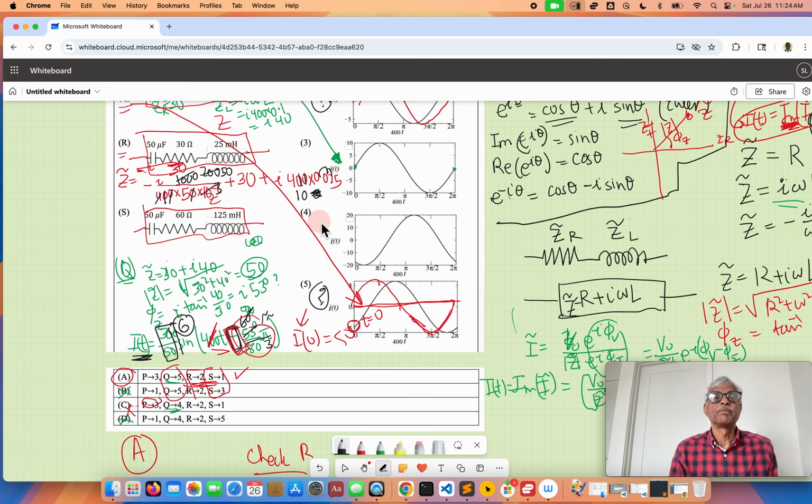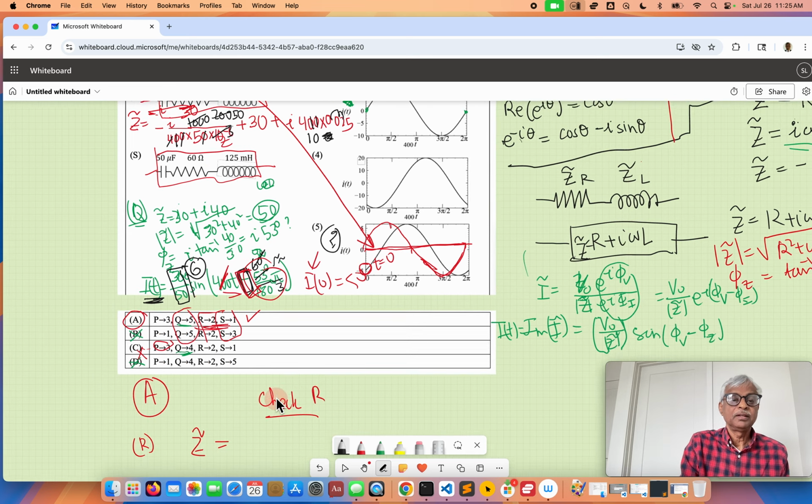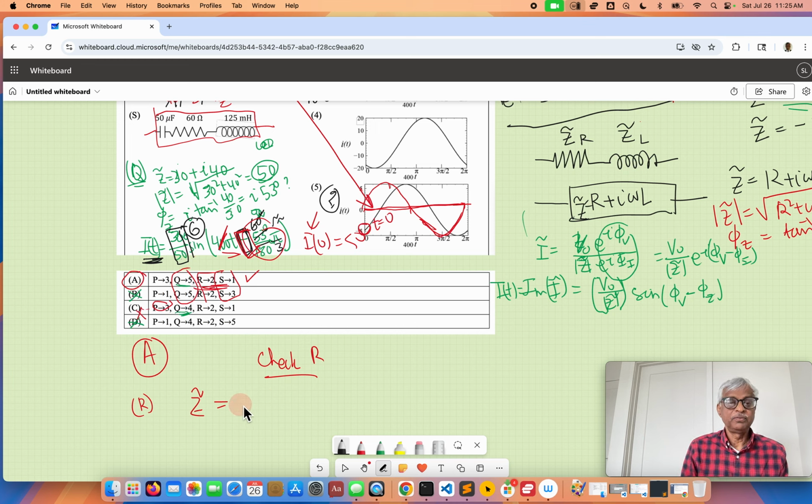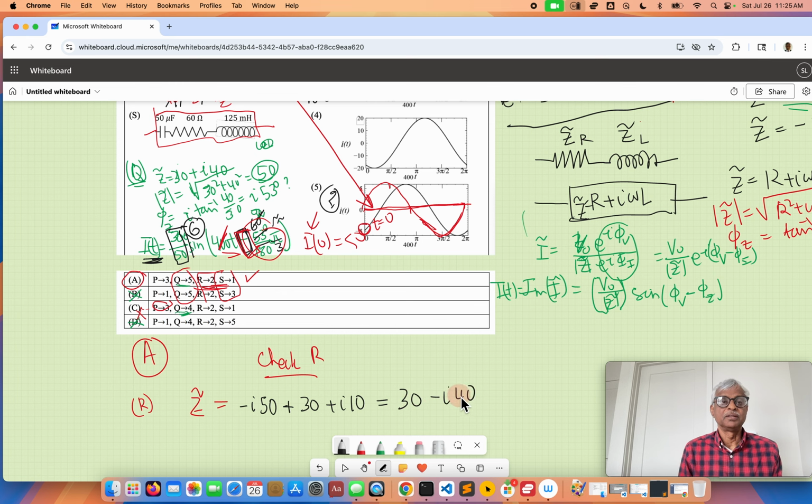So we have minus i50 plus 30 plus i10, which is now 30 minus i40.